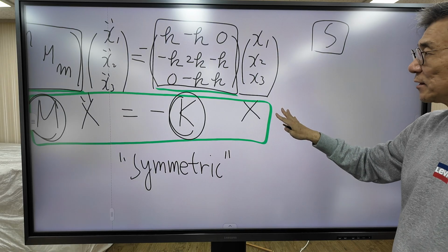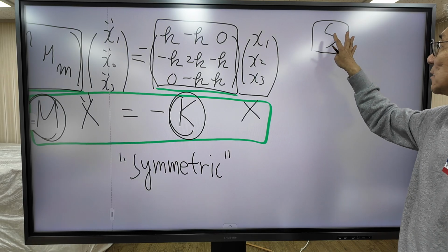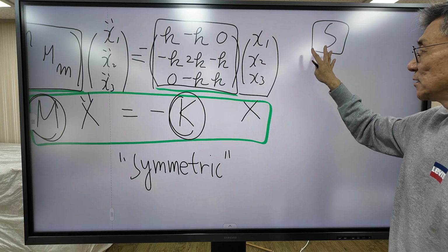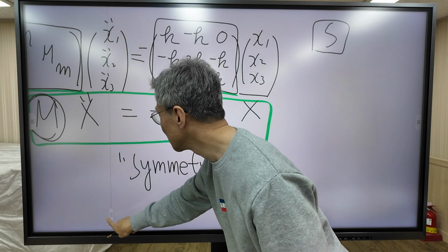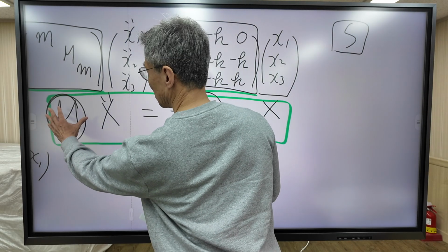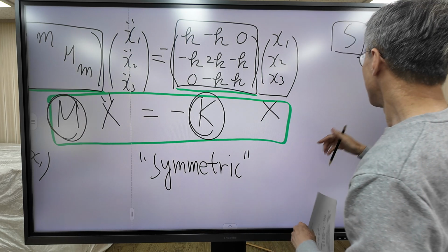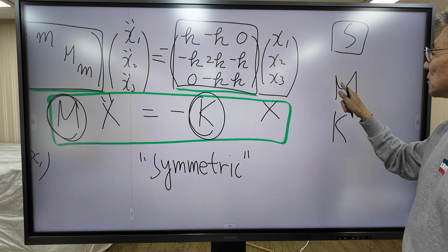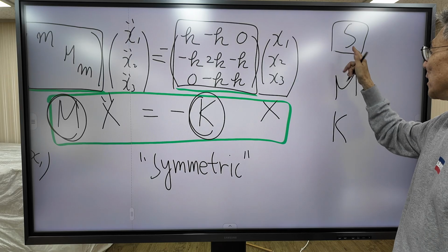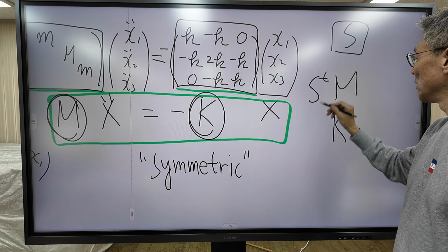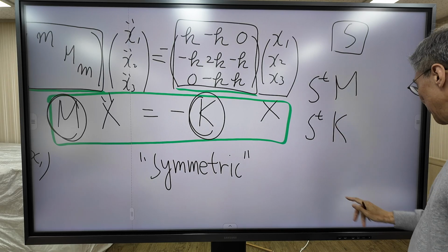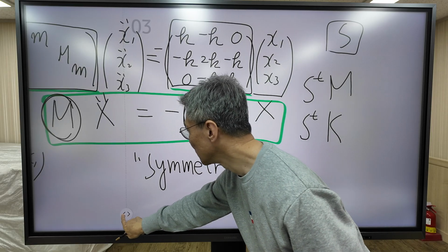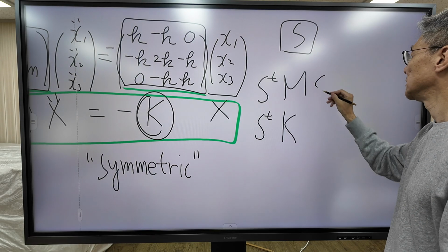And according to mathematics, we can always find this matrix S such that it has the following properties. We have matrices M and K. And first, I'm going to multiply by S transpose on the left, and I'm going to multiply by S on the right.